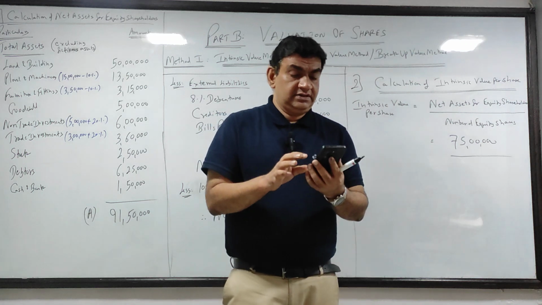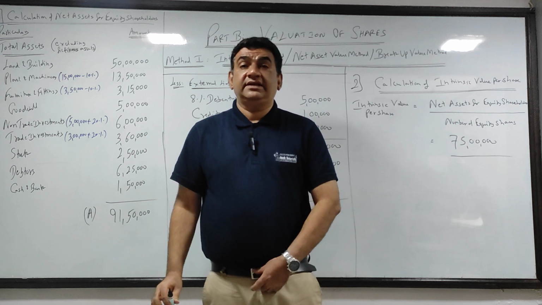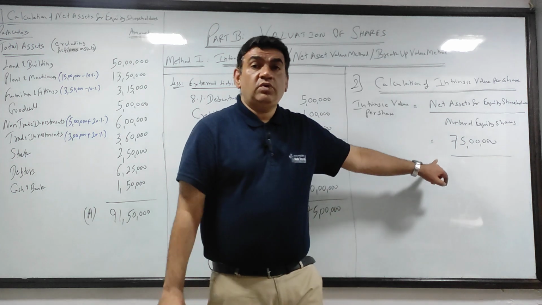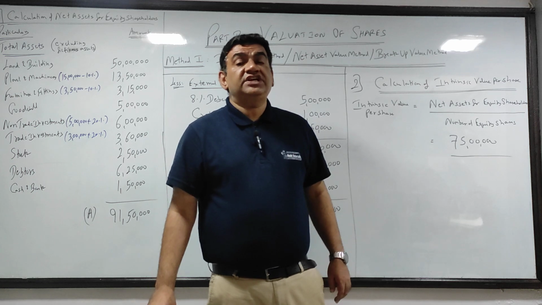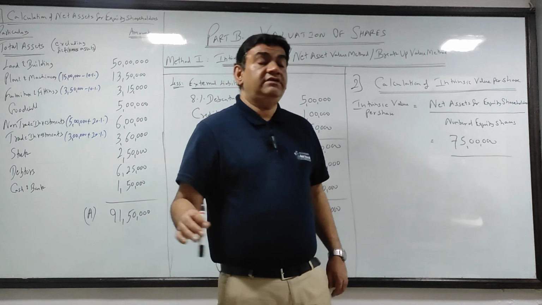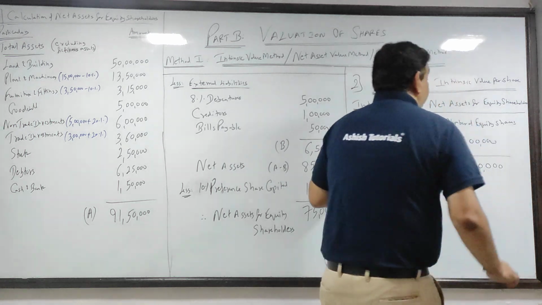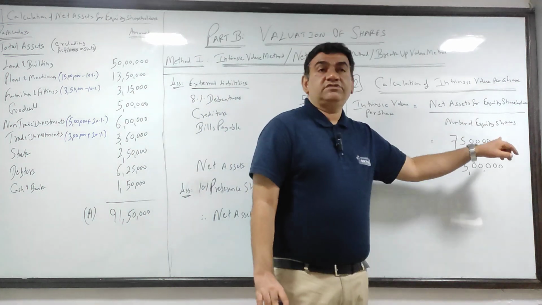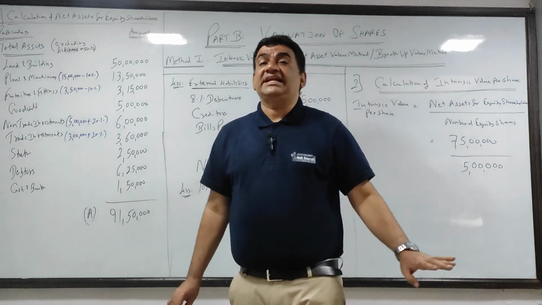How much is my share capital? 50 lakh. Share capital is 50 lakhs. See what is given in the brackets of equity share capital? 10. That means one share is of 10 rupees. The face value is 10. Now I don't want the amount, I want the number of shares. So divide the 50 lakh equity share capital by 10 to get the number. So your number of equity shares will be 5 lakhs. So net assets for equity shareholders 75 lakhs divided by the number of equity shares, that is 5 lakhs.